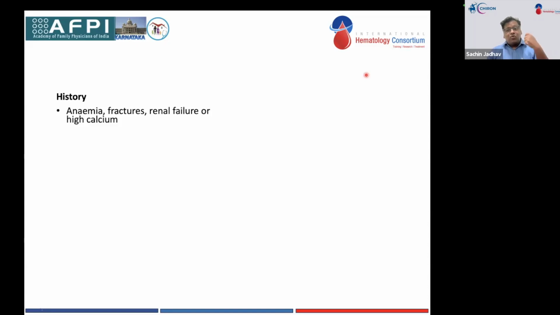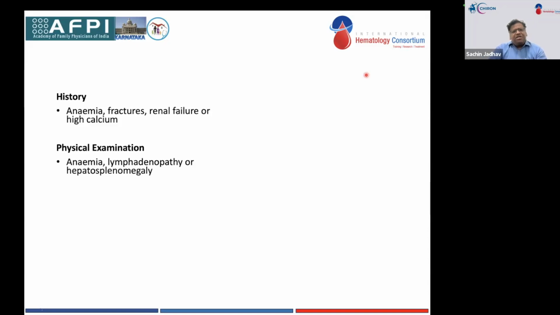So you ask for old reports. See if the calcium has been high in the past. See if there was hemoglobin slowly dropping over months and years. See if the globulin fraction was slowly increasing over years, because from MGUS to active myeloma may take 10 years. Examine for anemia, lymph nodes, liver, spleen, usual examination in hematology.